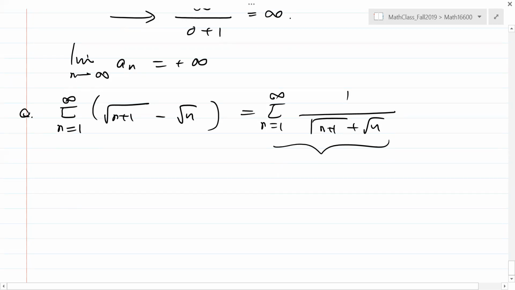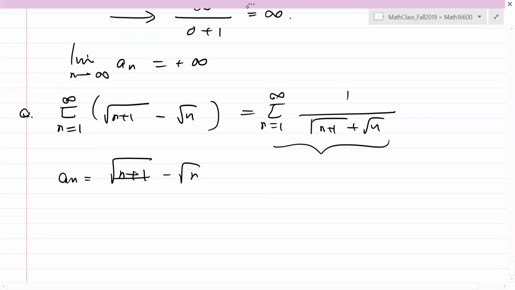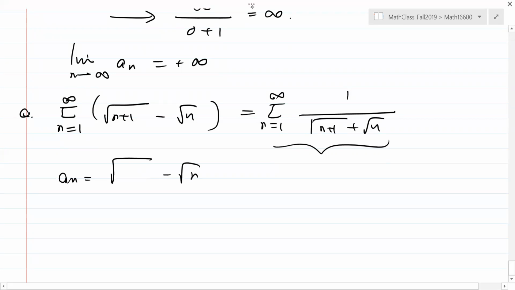All right, so you see the nth term approaches 0. You cannot use that to prove it's divergent. Okay, so the nth term, let's look at this, is n plus 1. You want to see whether this approaches 0 or not, right? First, if it does not approach 0, then it's divergent.